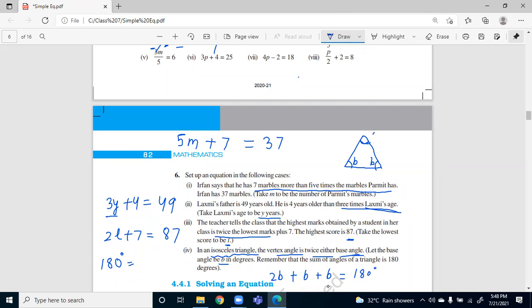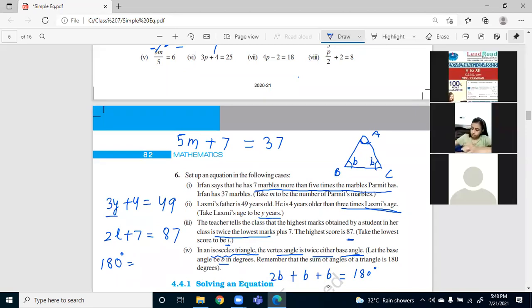This is an isosceles triangle in which base angles are equal. The vertex angle is twice either base angle, so whatever the base angle is, the vertex angle is twice. Twice means 2 into b. So when I add all these angles, the sum should be 180 degrees.